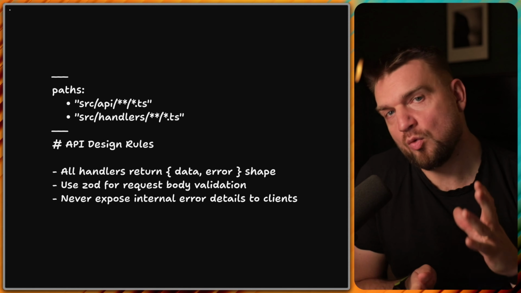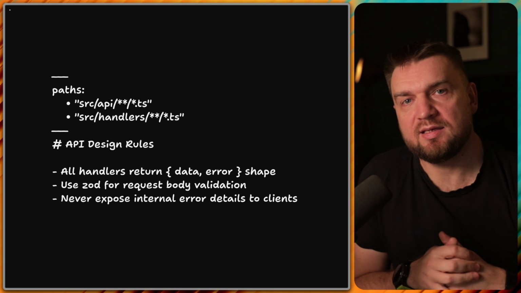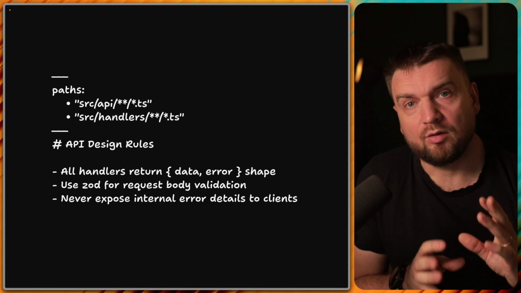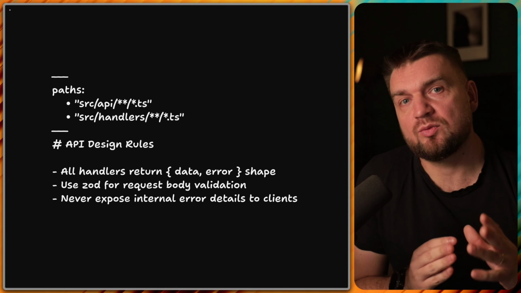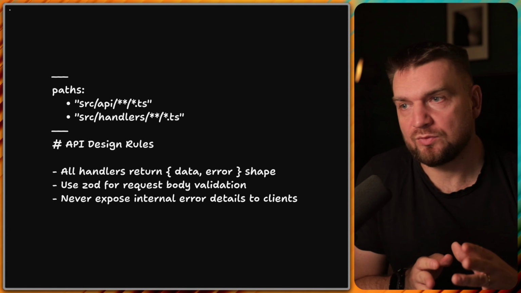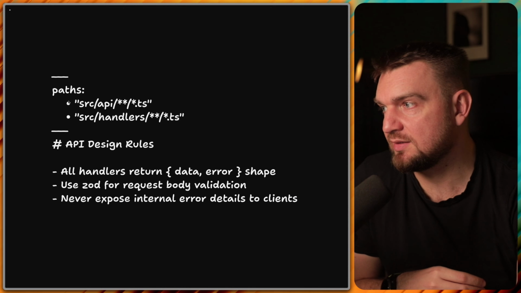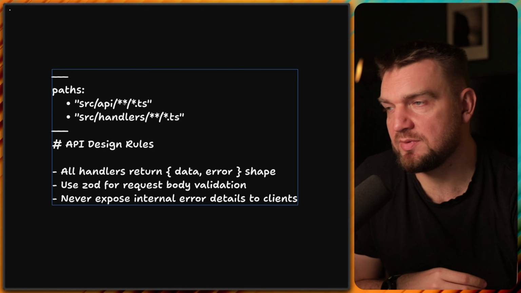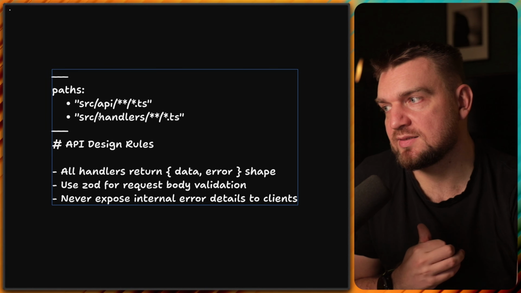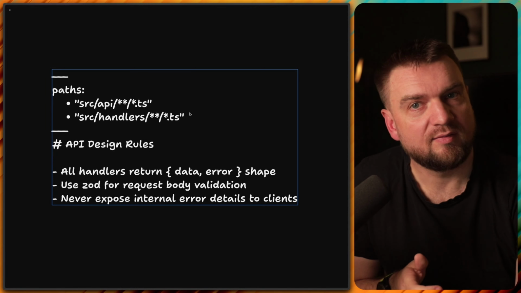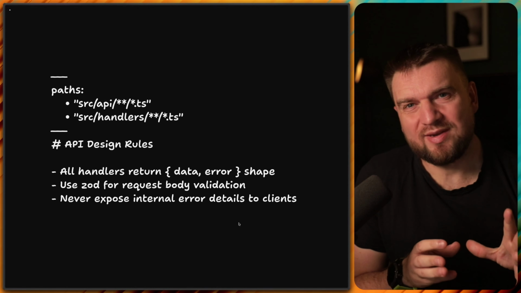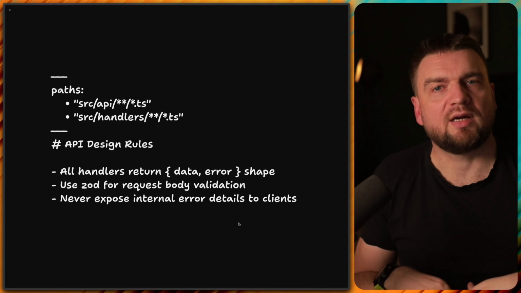And Claude won't load this file when you are editing a React component. It only activates when Claude is working with files that match those paths, which you can see at the top here: src/api/*.ts files and src/handlers/*.ts files.